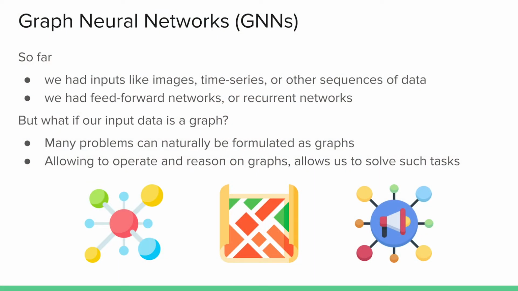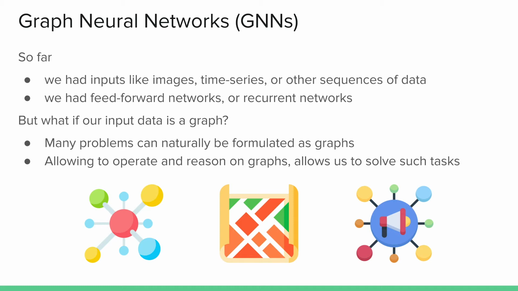When you think about it, many problems in the real world can be formulated as graphs. One example would be the molecular structure of a chemical compound, where you have certain atoms and bonds between them, and this understanding of how the molecule works, or how the chemical compound looks, is a structure in itself.